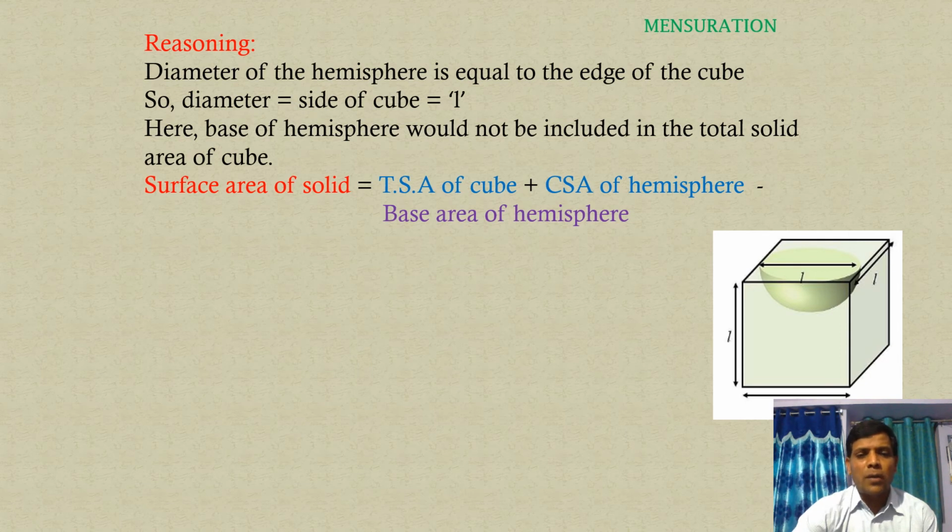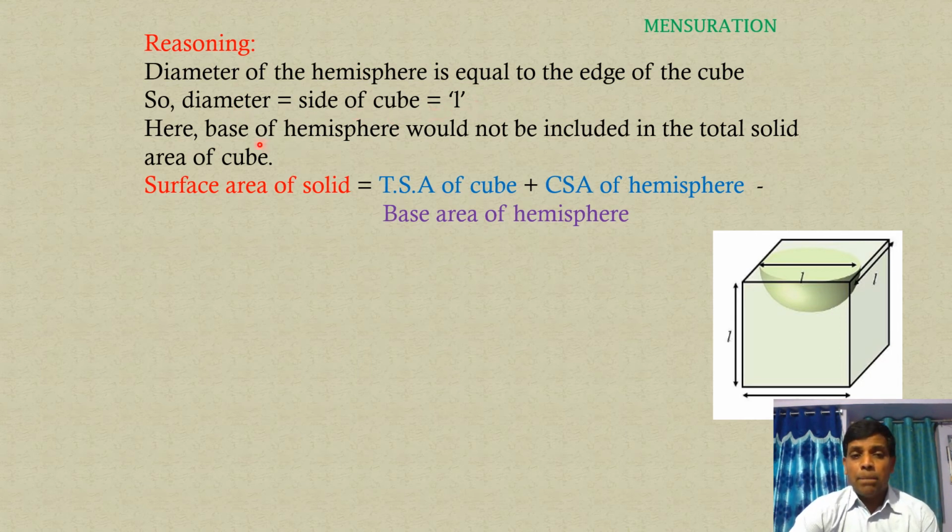The diameter of the hemisphere is equal to the edge of the cube. So the diameter equals the side of the cube, which equals L units.